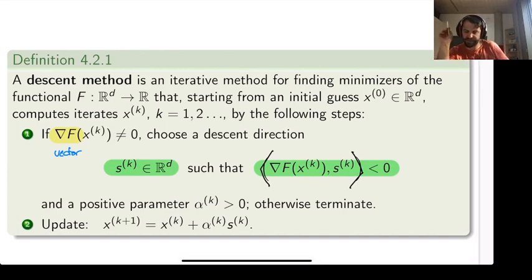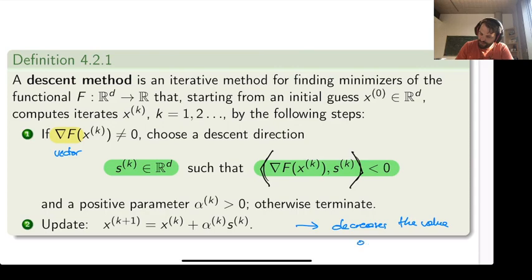So if we pick a positive alpha k, then the new iterate xk plus alpha k times sk gives us a smaller value. So this clearly decreases the value of capital F. And remember, that's the whole point.